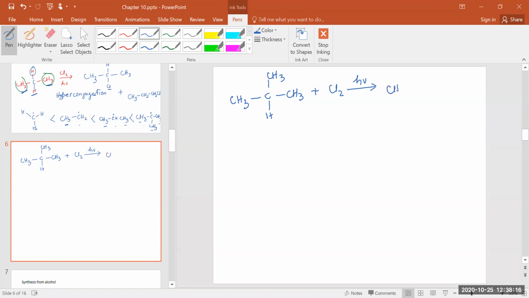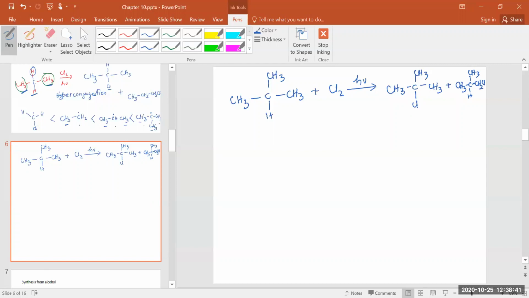So you have a chance of making two different halides, one with CH2Cl and one with the Cl on the tertiary carbon.